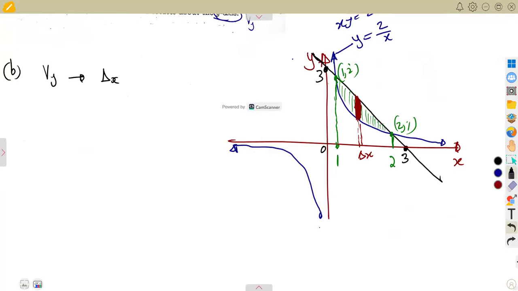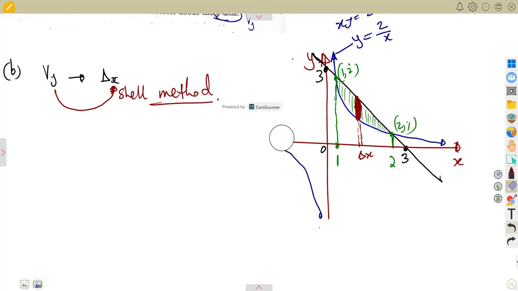So which method do you use when the strip and the volume do not correspond? Volume for y, strip for x. That's where the shell method plays a role. So our shell method can be placed into consideration.